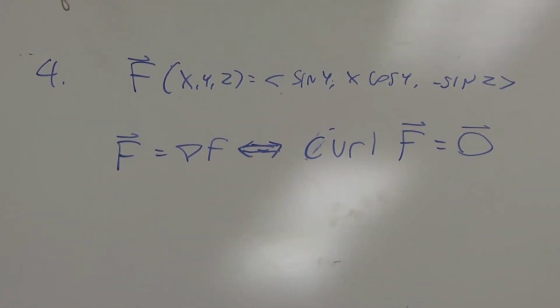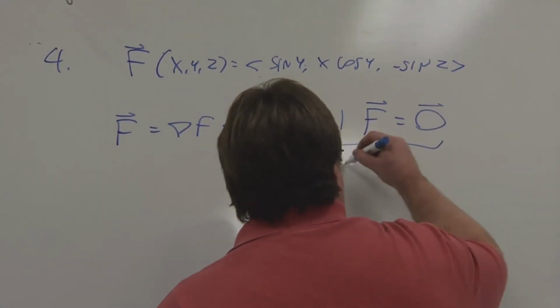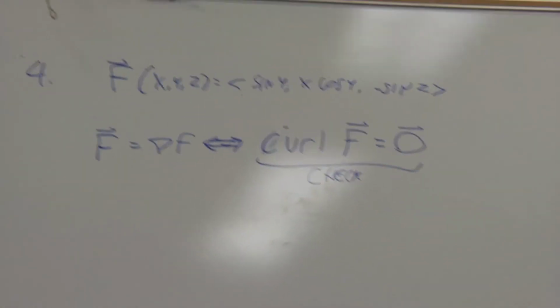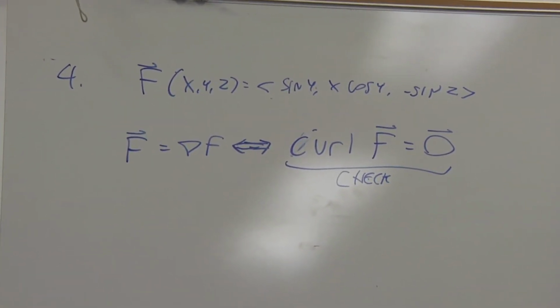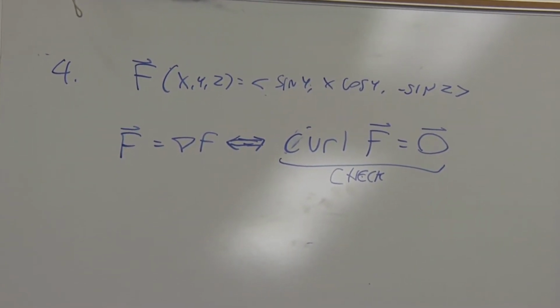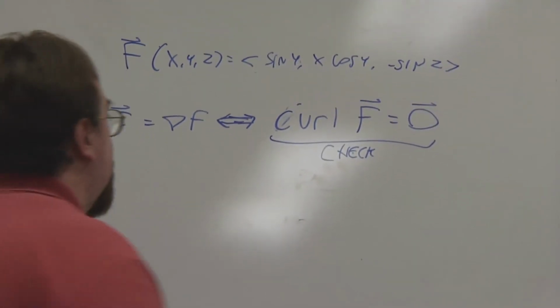So that's how you check. You do need to check this, and it's part of the problem, to show that it is conservative. Once you do that, you have a green light to find what f is, and that's where you use a method that was discussed in class.